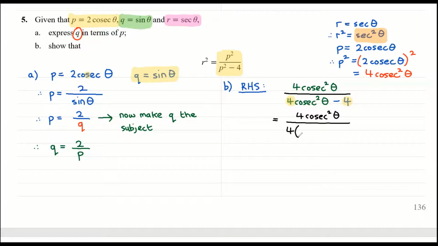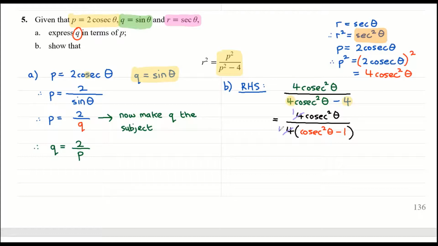Okay, and then if I factorize that, we're going to be left with cosec squared theta subtract 1. Okay, so I can cancel the 4s now, so that's good. That means that we have cancellation here and here, so they're going to just simplify to 1. So I've essentially got cosec squared over cosec squared subtract 1.